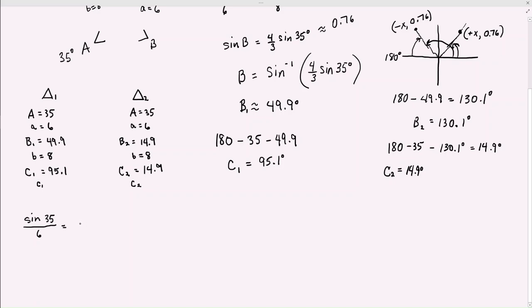So we'll set that up and say that, okay, along with that, we have to have the sine of 95.1 for C and c1. Okay, so just solve that for c1 the way we've been doing it, and then over here we'll set up the left side the same way. In this case, 14.9 creates the length for the second scenario, so little c2.